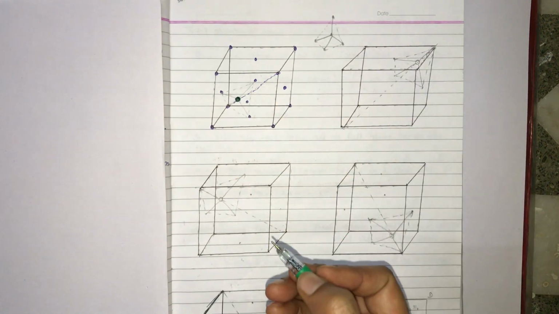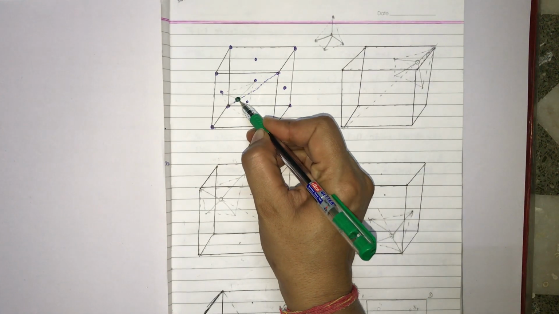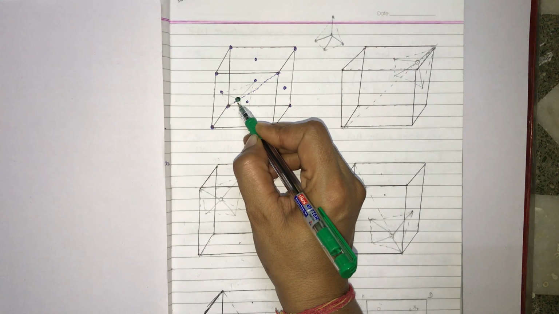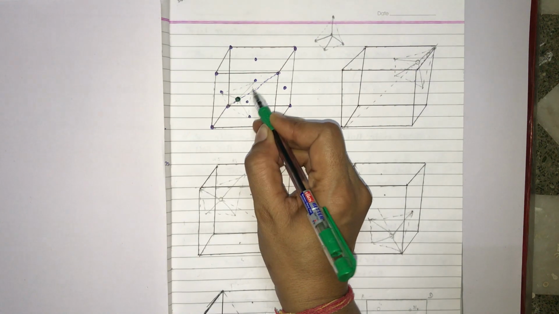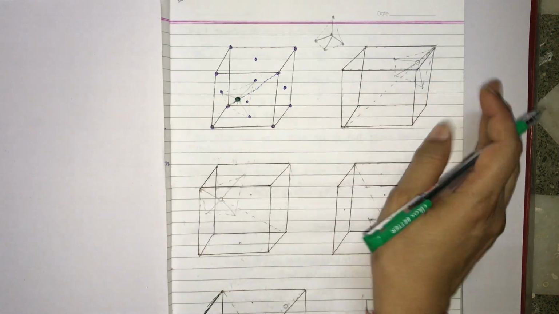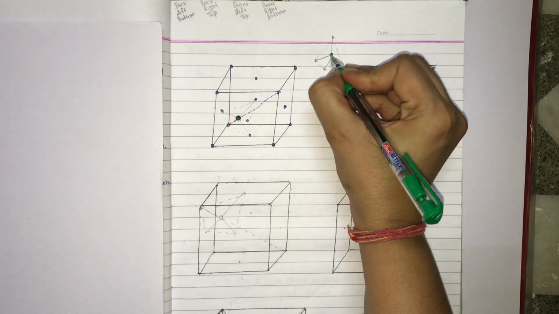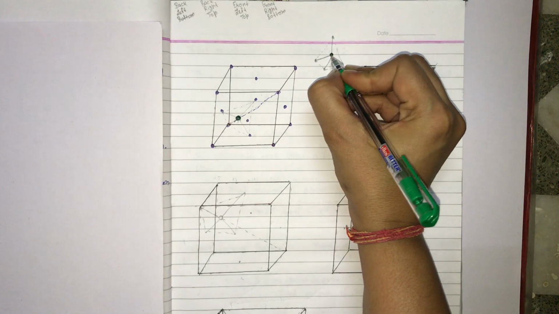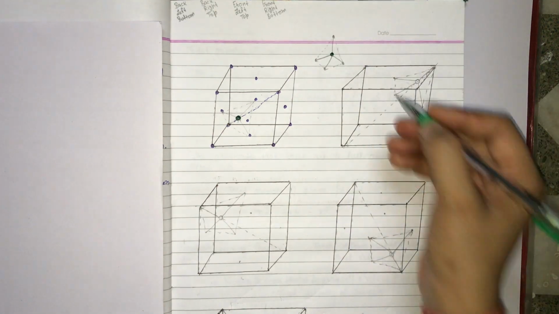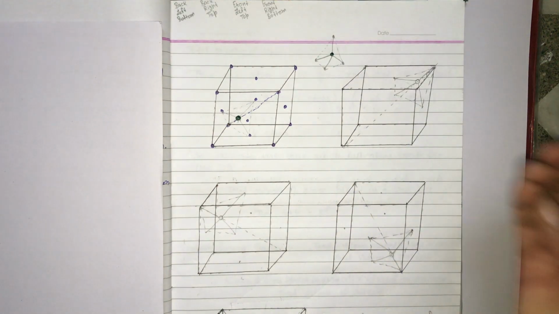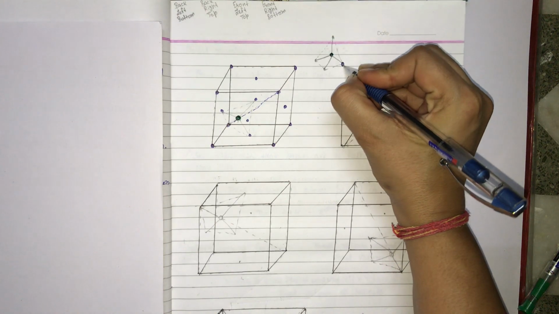Clear? Now this carbon atom makes a covalent bond with the neighboring 4 carbon atoms. To understand this, if this is a carbon atom, clear, then this carbon atom will make covalent bond.